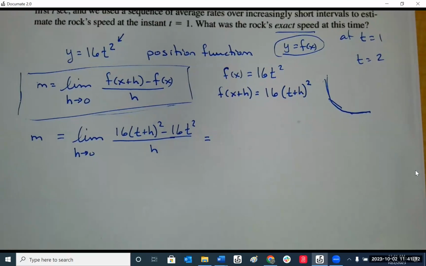What do you do next? That's one for the simple kind of limit, but we're not that far yet. We have to first solve this.